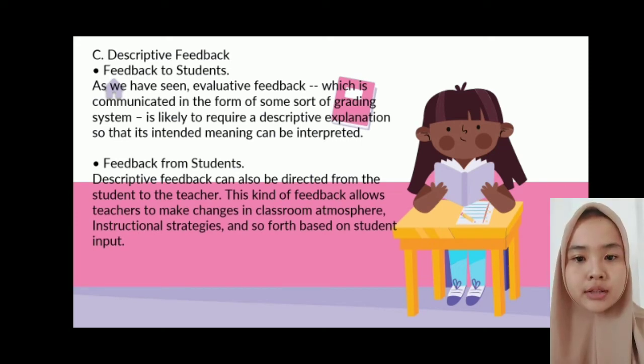Feedback from students. Descriptive feedback can also be directed from the students to the teacher. This kind of feedback allows teachers to make changes in classroom atmosphere, instructional strategies, and so forth based on student input.